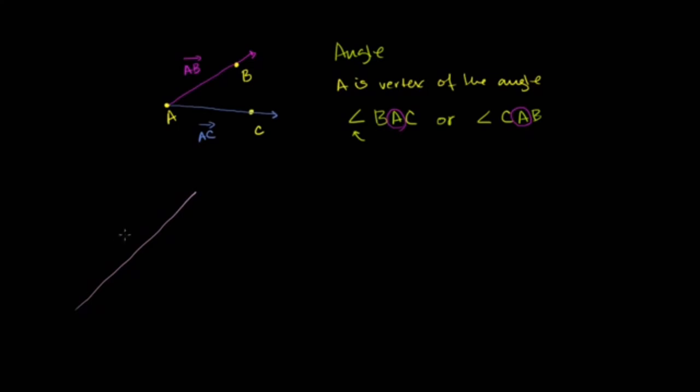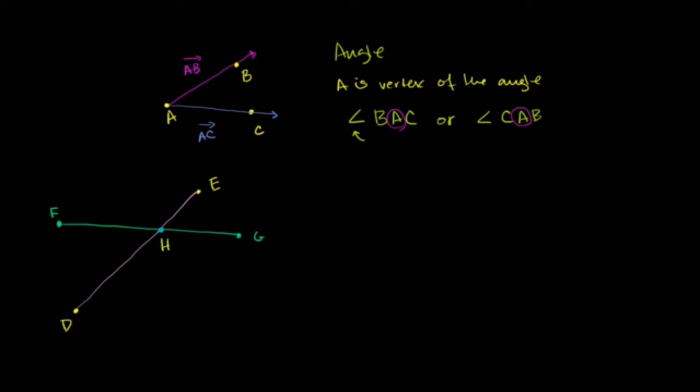Let's say I have one line segment like that. We've already used A, B, C, so let me call these points D and E. So this is line segment DE. And let's say I also have line segment FG. Let's call the point where these two line segments intersect point H.